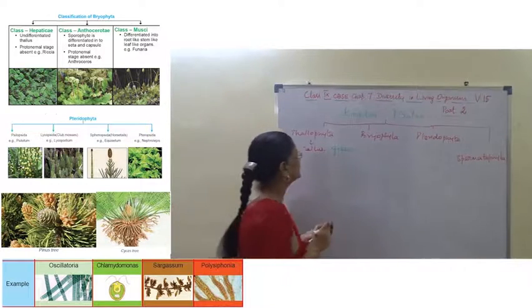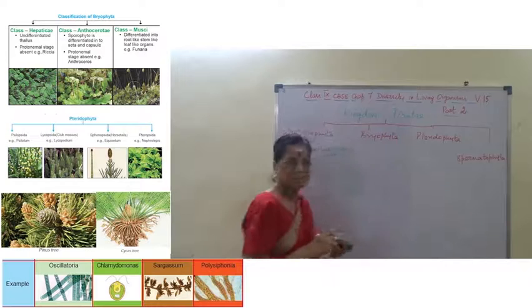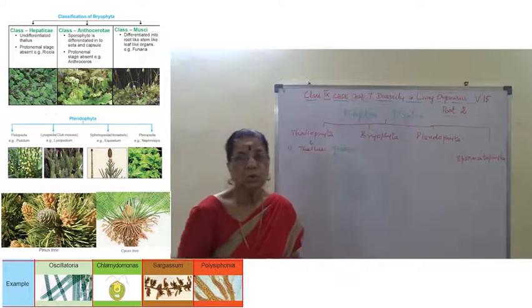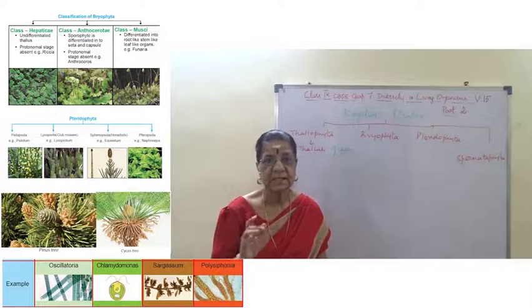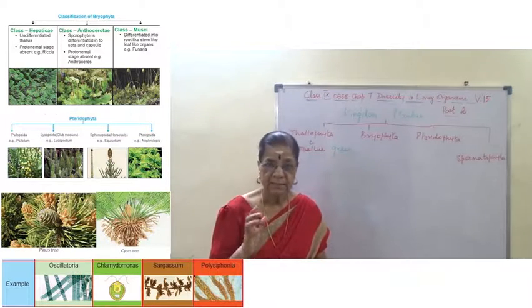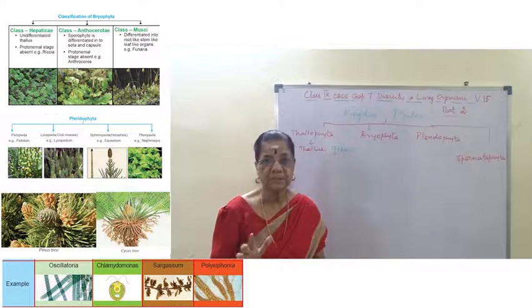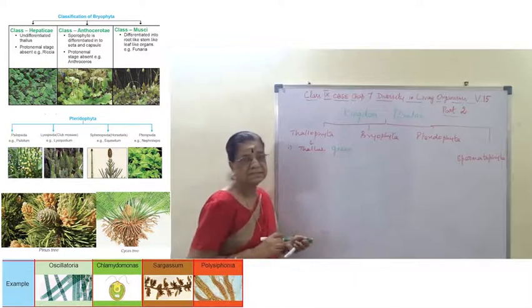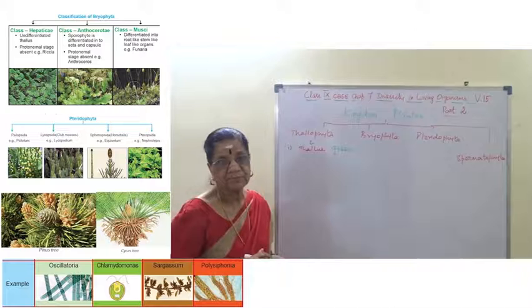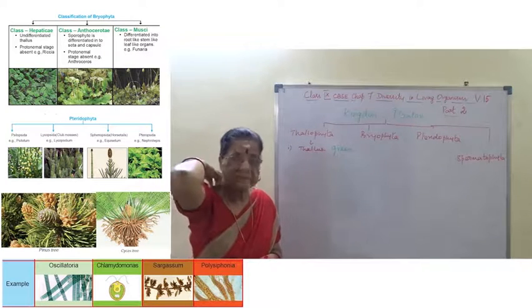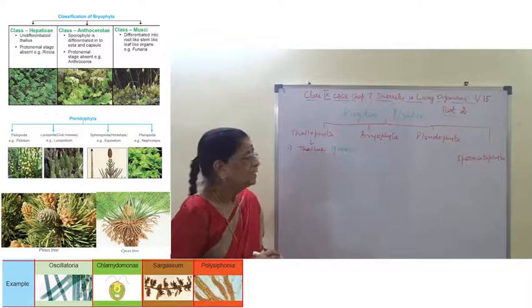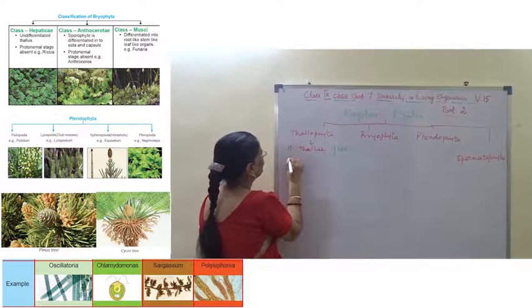It is called thallus because there is no root, stem, and leaf. So I say absence of root, stem, and leaf. Instead, it is formed of something, and that something is called thallus. Are you clear?